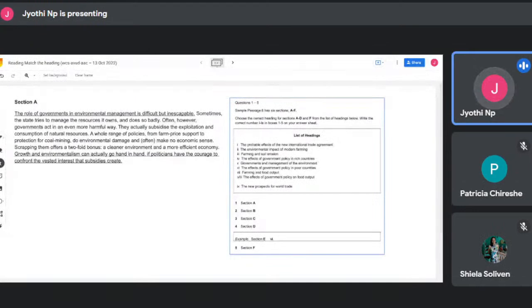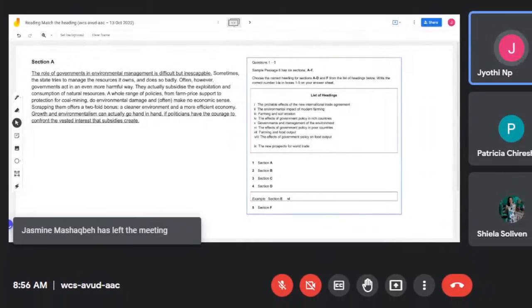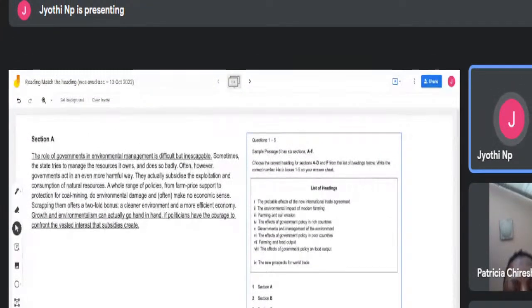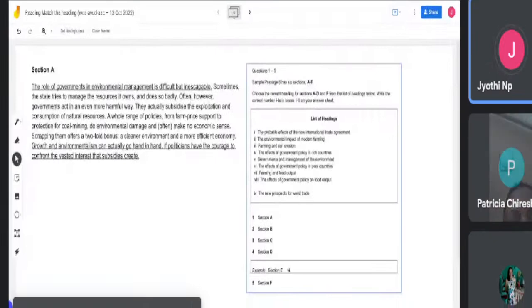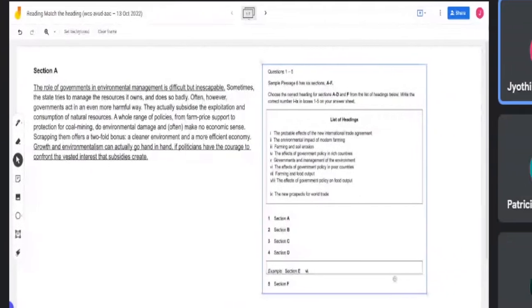Now, looking at this, when you look at the answer choices, can you tell me which could be the answer? We have governance and management, the fifth one: governance and management of the environment.